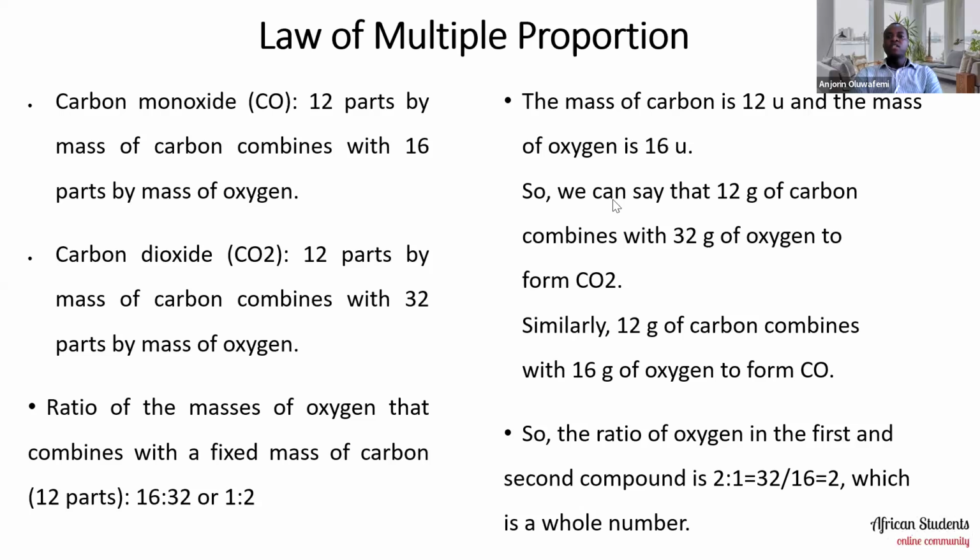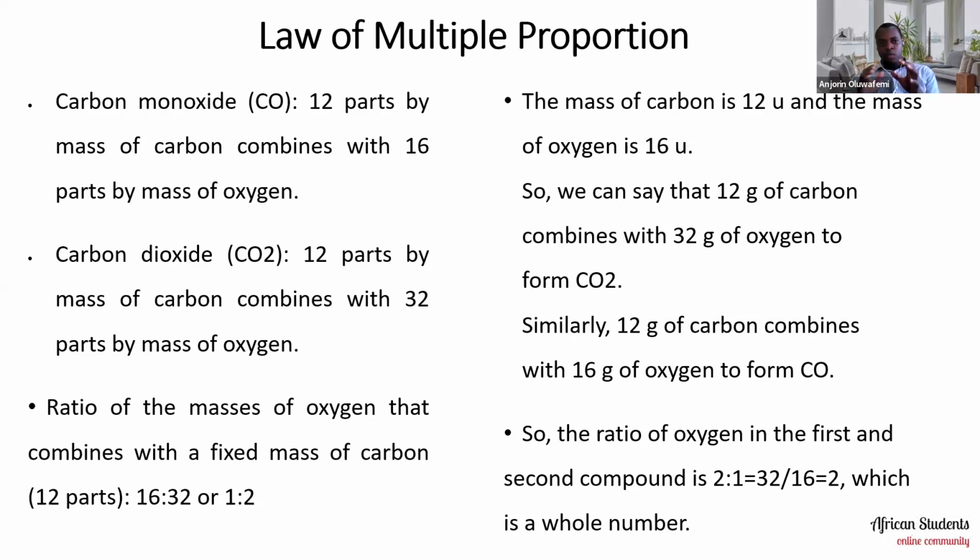Now, when you have the mass of carbon to be 12 u and the mass of oxygen to be 16 u, we can say that 12 grams of carbon combines with 32 grams of oxygen to form what? CO2. Similarly, we can also say that 12 grams of carbon combines with 16 grams of oxygen to form CO, carbon monoxide.